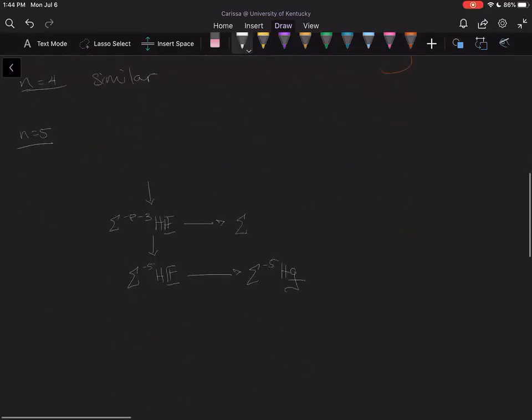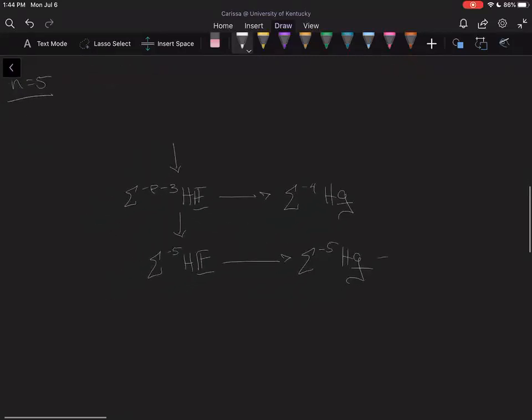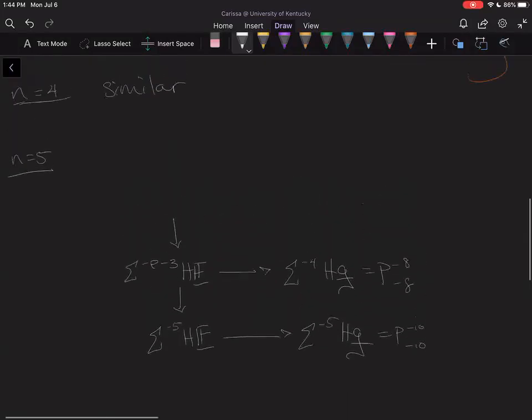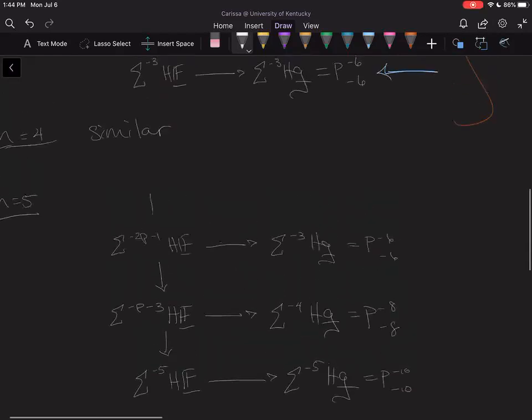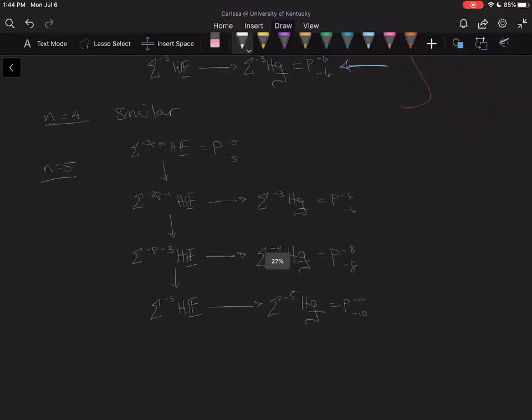So then we'll get a negative 4 suspension of HG. That's our negative 10 slice. That's our negative 8. The negative 2 rho minus 1 suspension of HF and a negative 3 suspension of HG. And finally, a negative 3 rho plus 1 suspension of HF, which is our negative 5 slice. And so on and so forth. You just keep doing this.